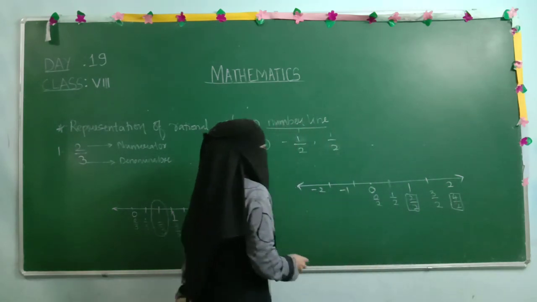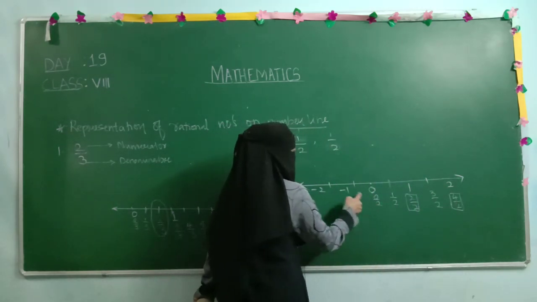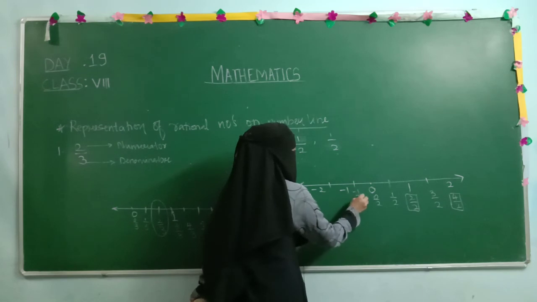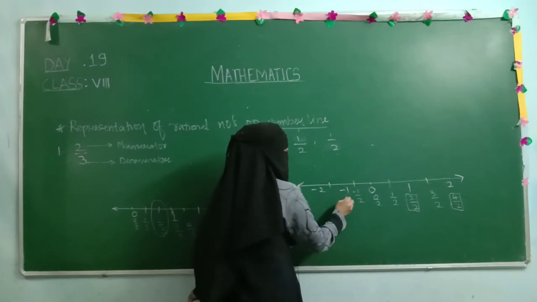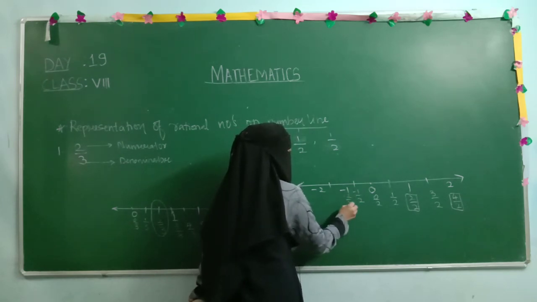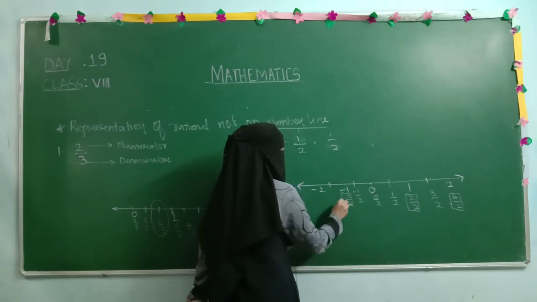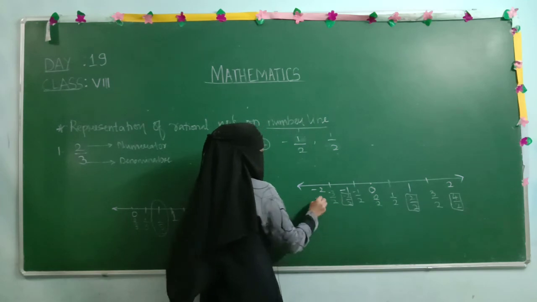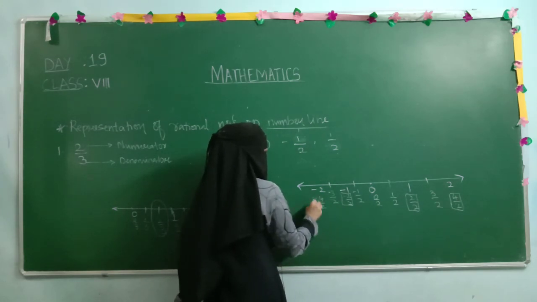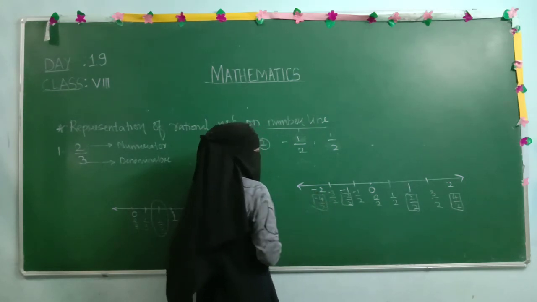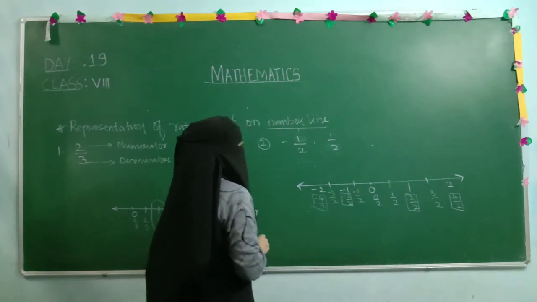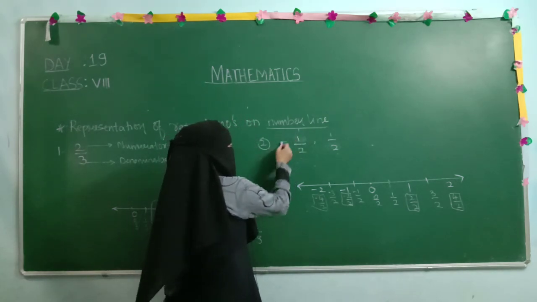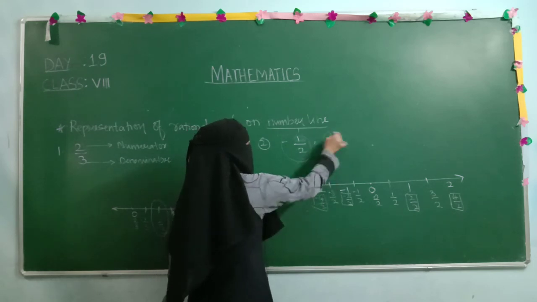On the left hand side of 0 also we have to write 0 by 2, and this is minus 1 by 2. Minus 2 by 2, which again gives minus 1. This is minus 3 by 2, minus 4 by 2, which gives again minus 2. But the most important thing we have to represent is minus 1 by 2 and 1 by 2.